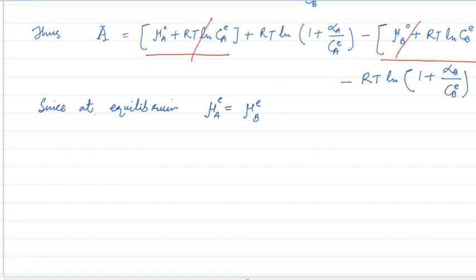That means they will cancel, so we will get simply the affinity will be equal to RT. Now these two terms will remain here.